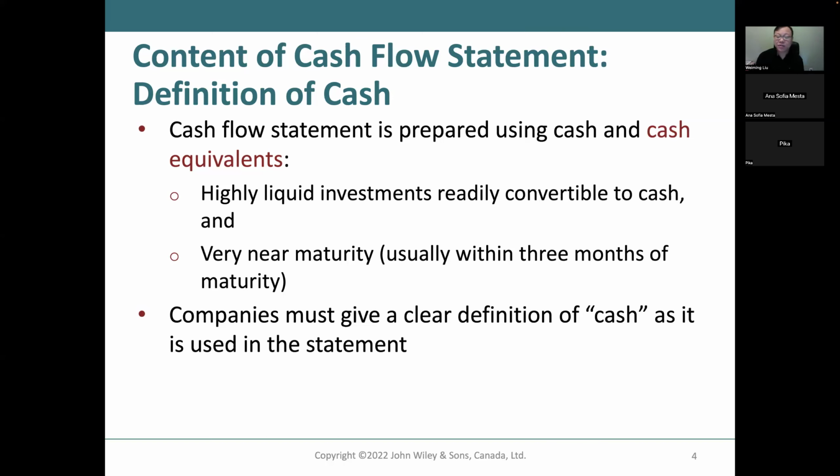So the time period is relatively short. Therefore, when items are highly liquid and readily convertible to cash, those will be considered cash equivalents.